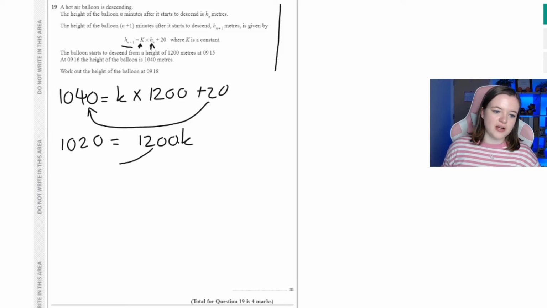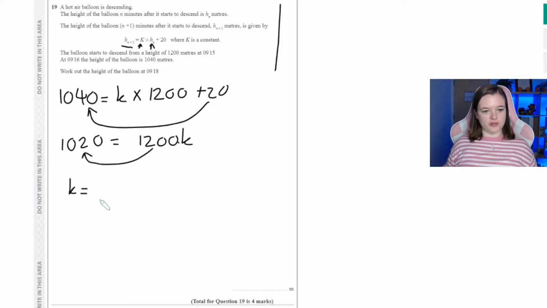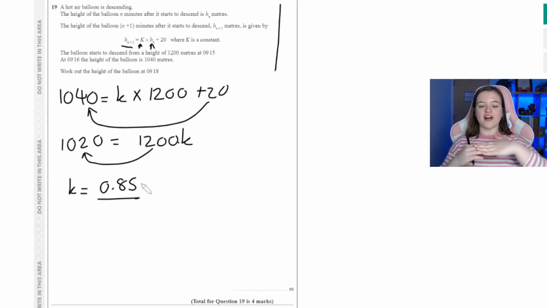Then we're going to divide through by 1200 to get k equals 1020 divided by 1200, which is 0.85. So what that's saying is every minute the balloon is 85% of what it was, height-wise. So it's losing 15% of its height every minute.